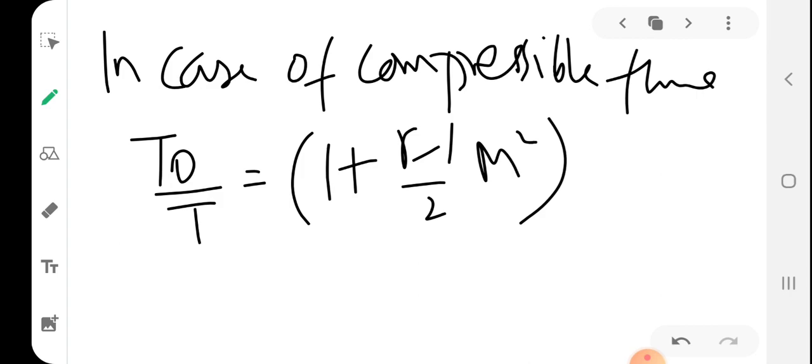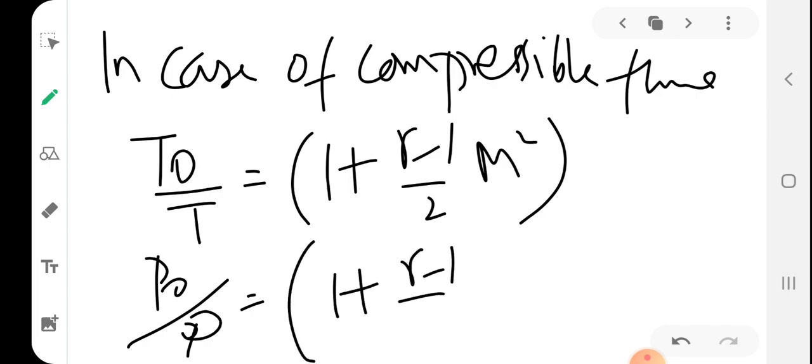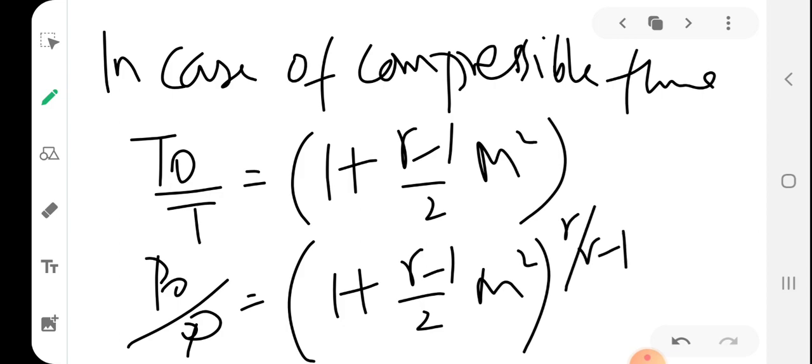Similarly, if you write P0 by P, you will get it as 1 plus gamma minus 1 by 2 Mach square, raised to gamma by gamma minus 1. So this equation you know.